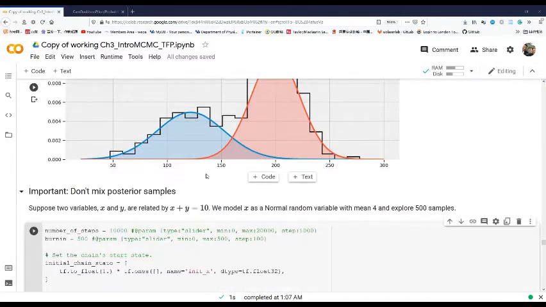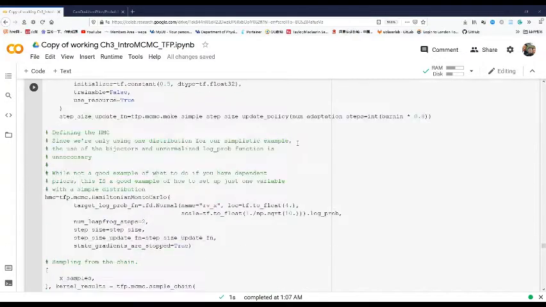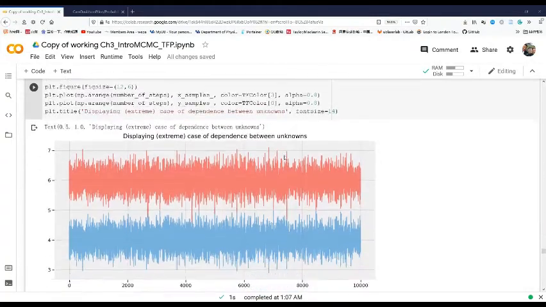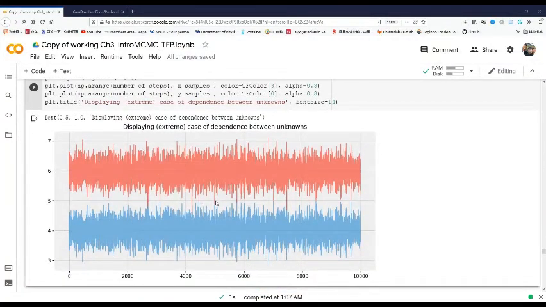One quick example would be, suppose we have two variables, x and y, and the summation of them would be 10. And if we give them random guess and use the same method to do the simulation, this is what we have. And let's say we choose x from here and y from there, then the summation of those two might not be 10.